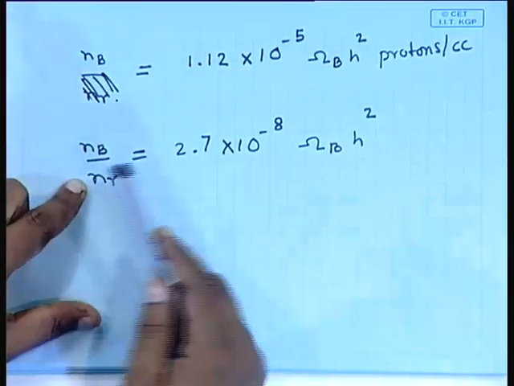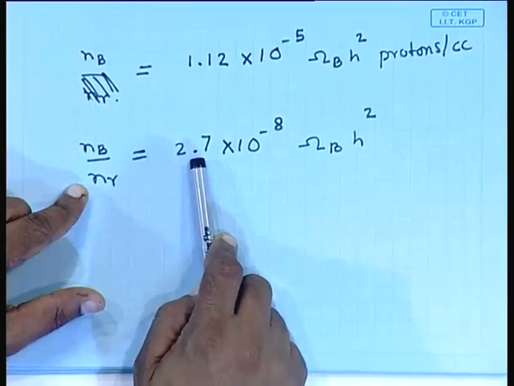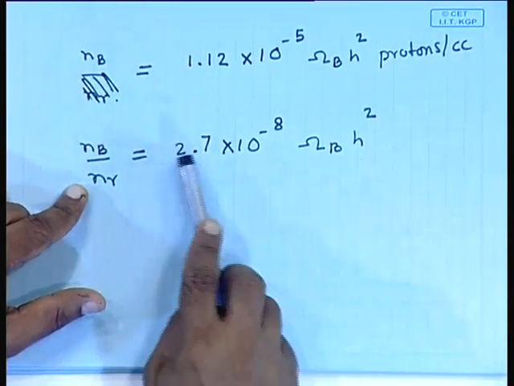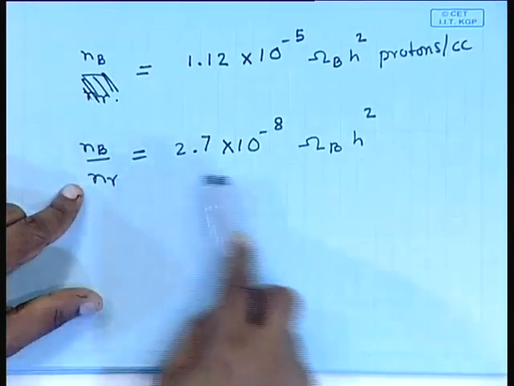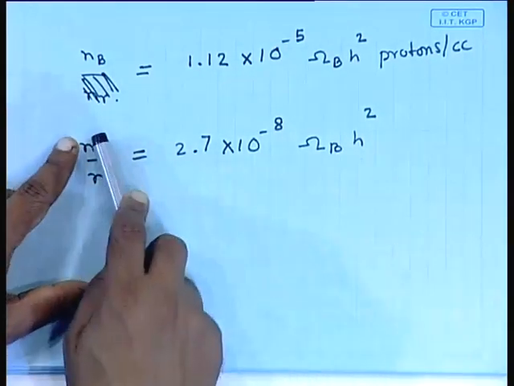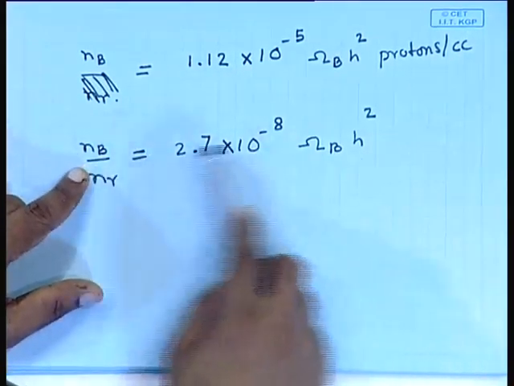The entropy per photon is of the order unity, and baryon per photon is this small number. So the entropy per baryon is roughly the inverse of this, a very large number.